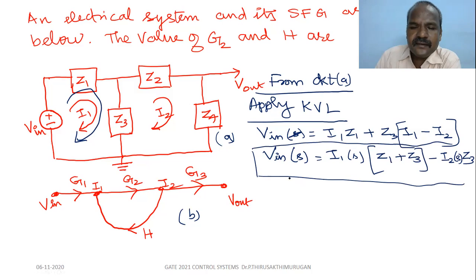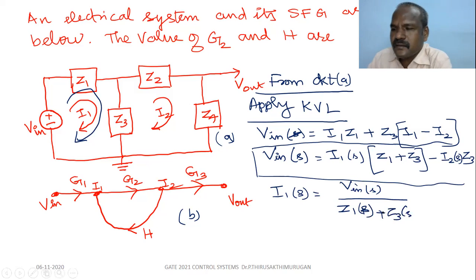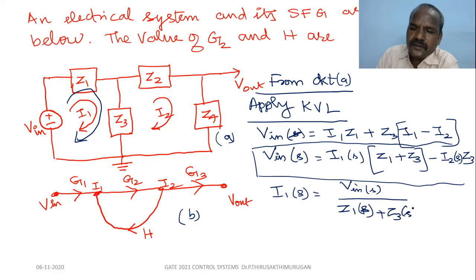So from this relation, I1 of S is V in of S divided by Z1 plus Z3, plus I2 of S into Z3 of S divided by the denominator Z1 plus Z3.